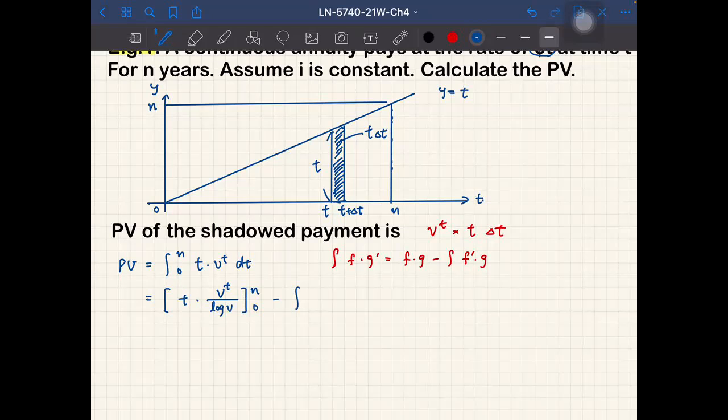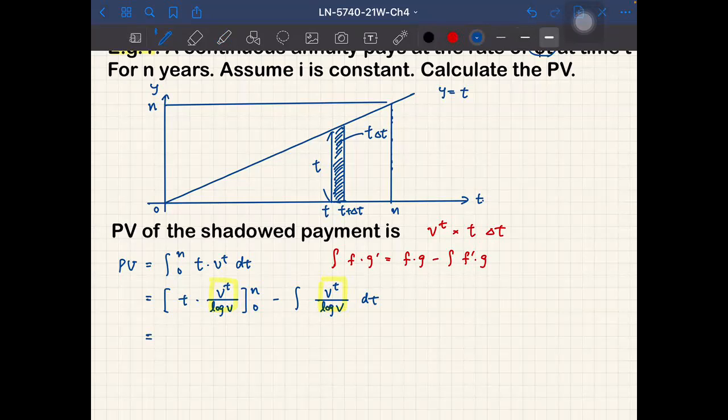Then minus the integral of f prime times g. If we differentiate t, that becomes 1. So 1 times g, the antiderivative of v to the t's power, which is v^t over log of v, dt. Now we calculate this.